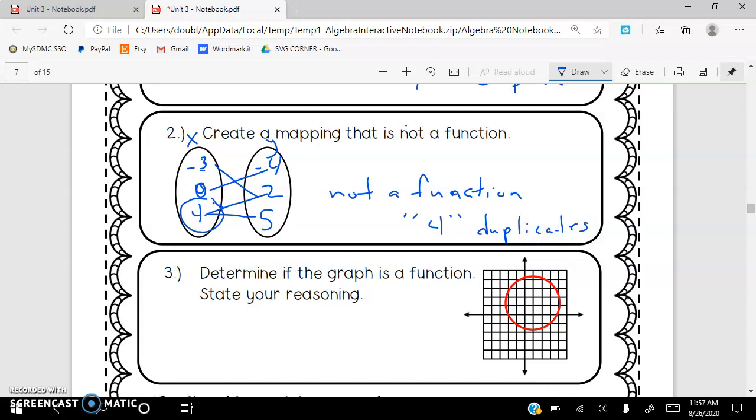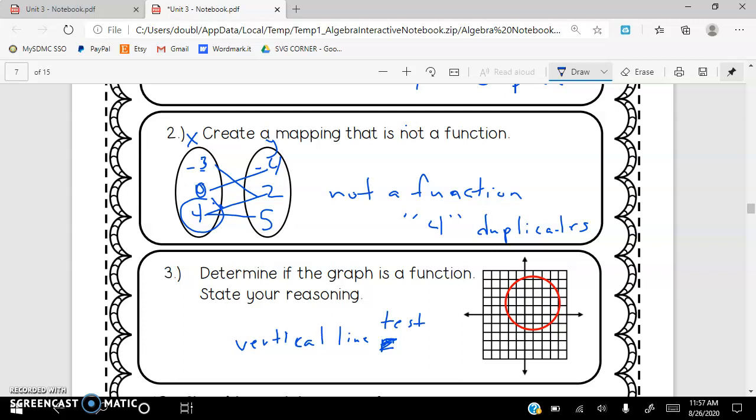Okay, and the last one, we have a circle. So what we're going to do is do the vertical line test. So set your pencil on your paper and drag your pencil along, and as you can see, your pencil cuts into the circle 2 times.